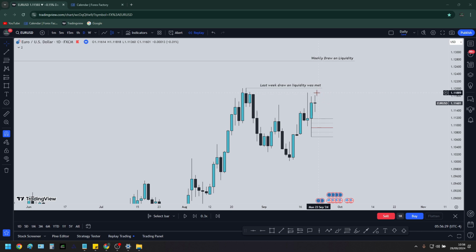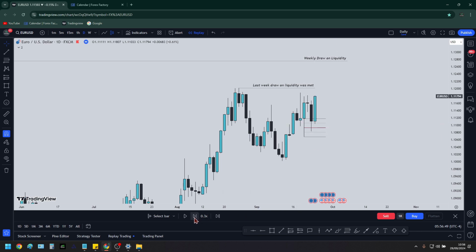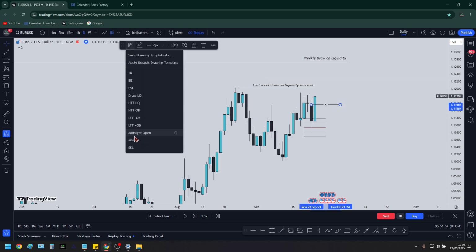So this is what I was seeing last Sunday, and I was saying that we would most likely target this liquidity here. Monday we tapped lower, and I was watching the 50% of this wick, and then Thursday we created an order block here.